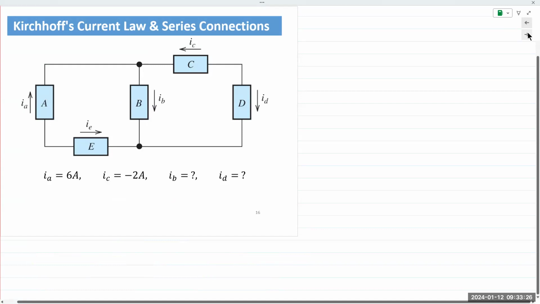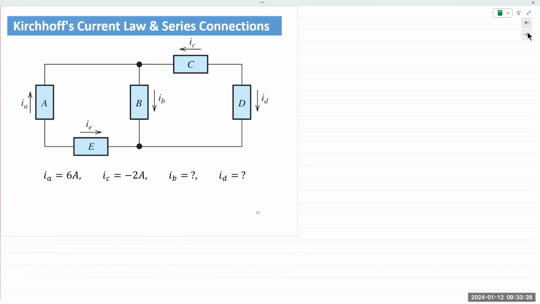How do you say this name? Kirchhoff, right? So I'm from India. When we first learned this, we pronounced it one way, and apparently he was a German physicist, and the actual German pronunciation of this name is different.